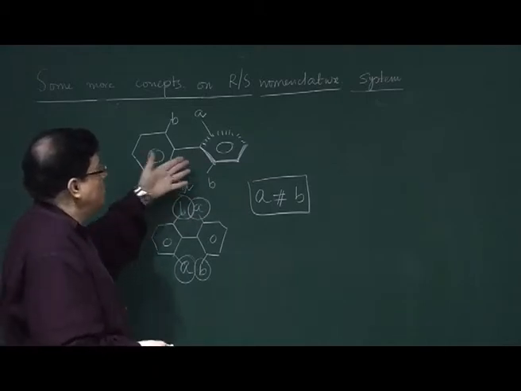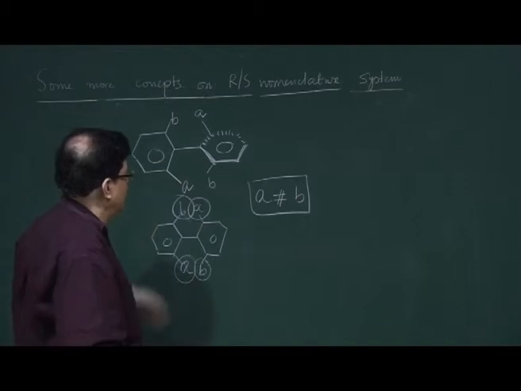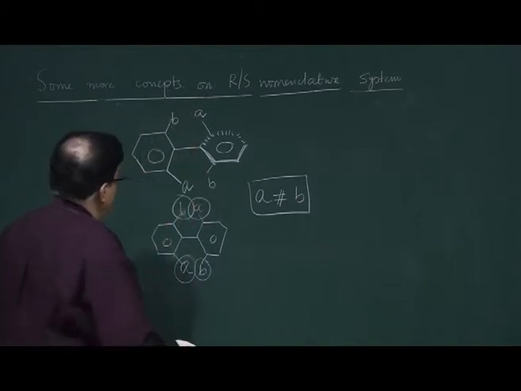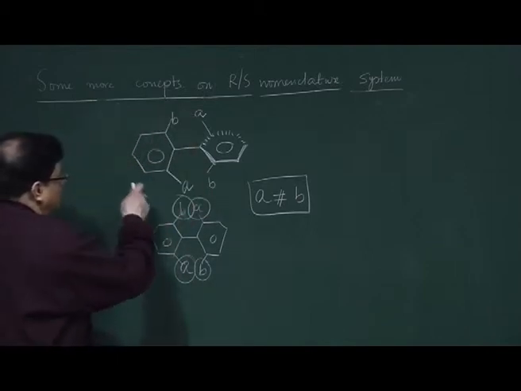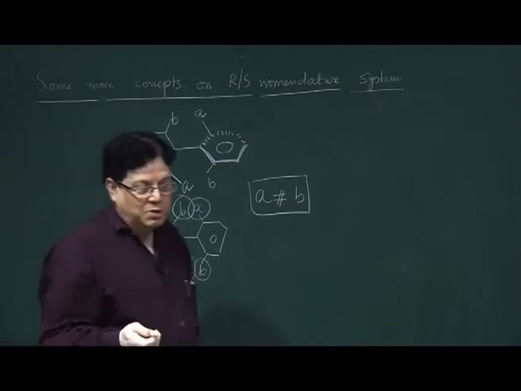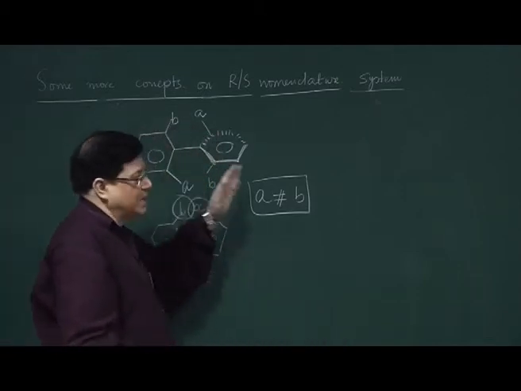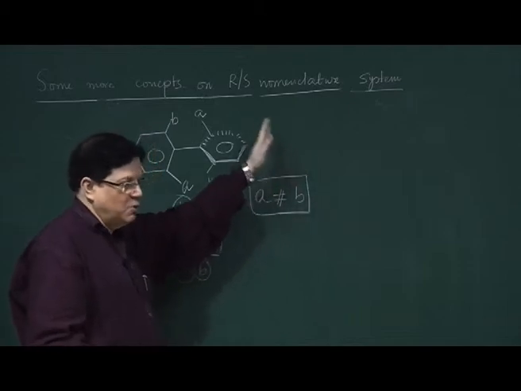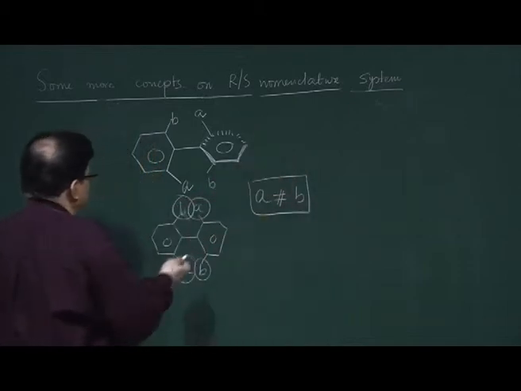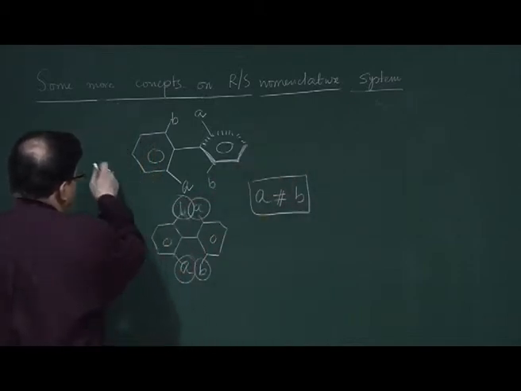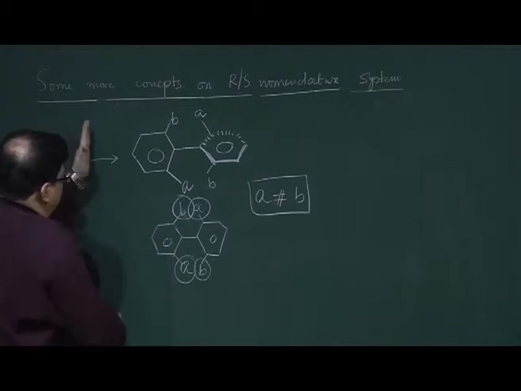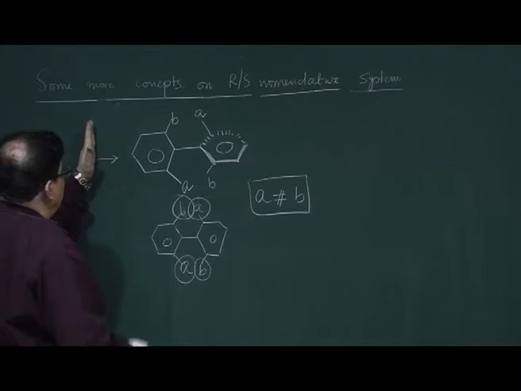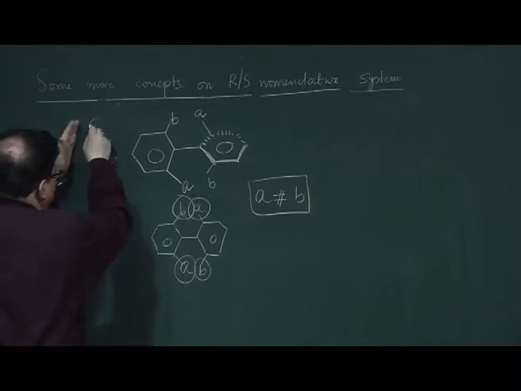Now, again how to assign? Because this is a chiral molecule, if A is not equal to B, there is a question of assigning the absolute configuration, because this can exist in another form, which is an enantiomer, the mirror image of this. In this case also, you look from one side. Suppose I am looking from this side and I am standing in the plane of the board.